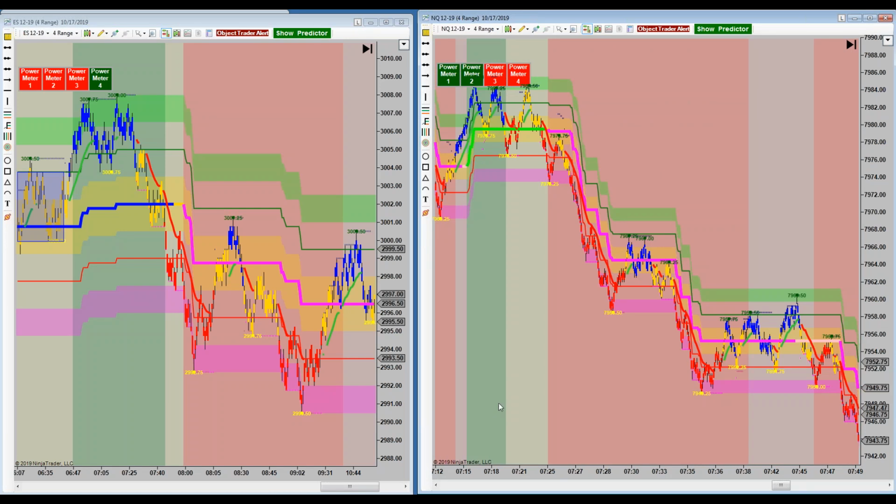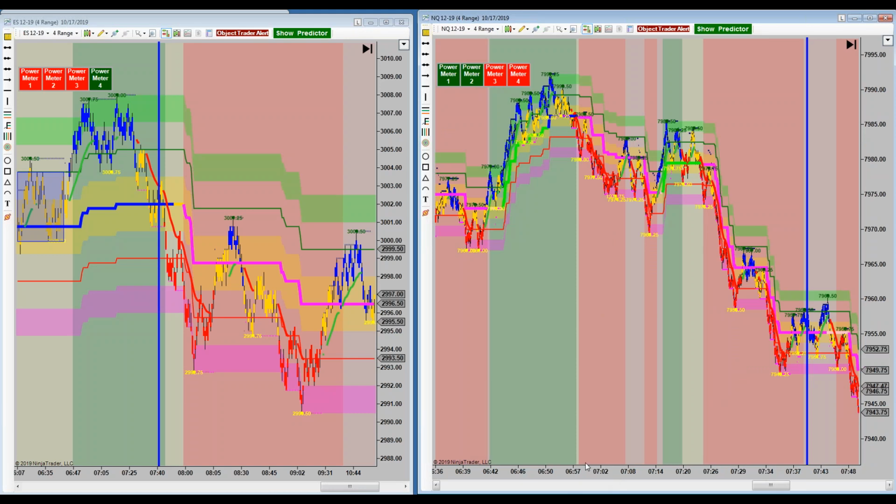I'm trying to get to 740. Let me do it this way. I'm going to put 740 on this chart, and I'm going to put 740 on this chart. Here's 740 over here, and here's 630 over here.